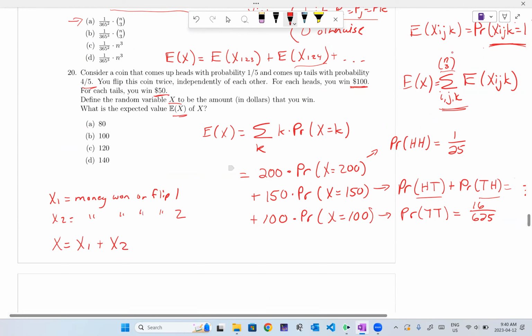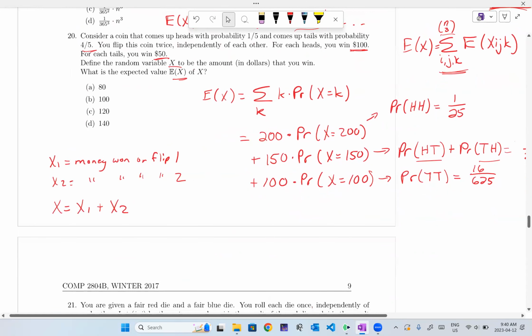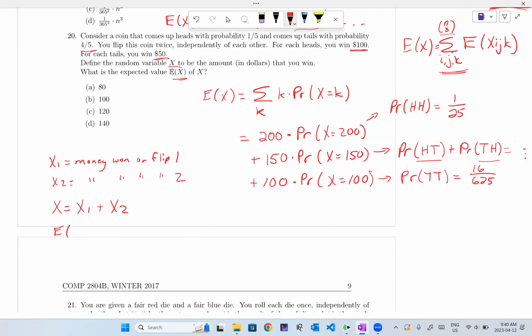And these coins are fair. They're, again, independently and identically distributed. So the expected value of X is equal to the expected value of X1 plus the expected value of X2. But X1 and X2, the expected values of those are the same, right? The same coins. Yep.